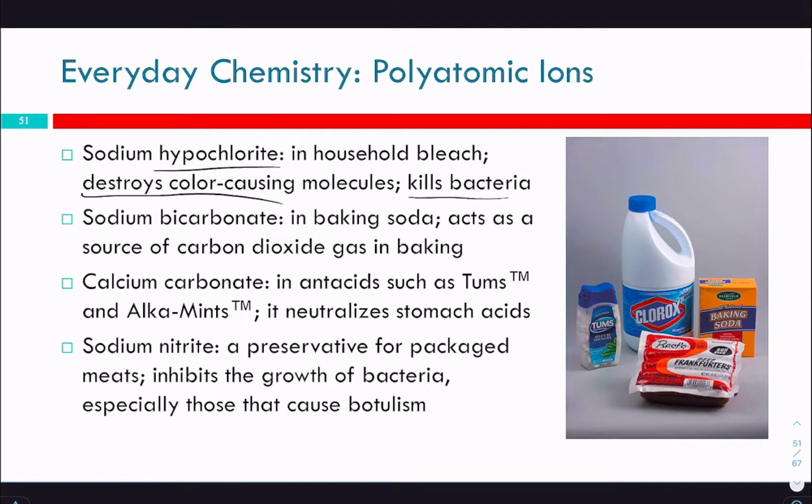Sodium bicarbonate is baking soda, which creates carbon dioxide so that your baked goods will rise. You also have calcium carbonate, which is the antacid in Tums and Alka-Seltzer. And sodium nitrite is a preservative that's not used very much anymore in meats because research shows it's not very good for you. Which, go figure, it's a preservative.